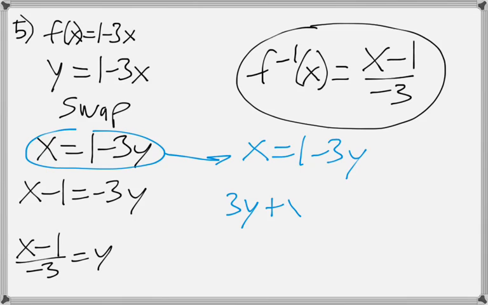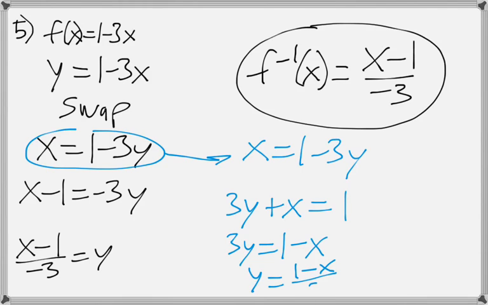That is technically legal to do. And then you subtracted x from both sides. And then you divided everything by 3. Then you'd get f inverse is equal to 1 minus x over 3.